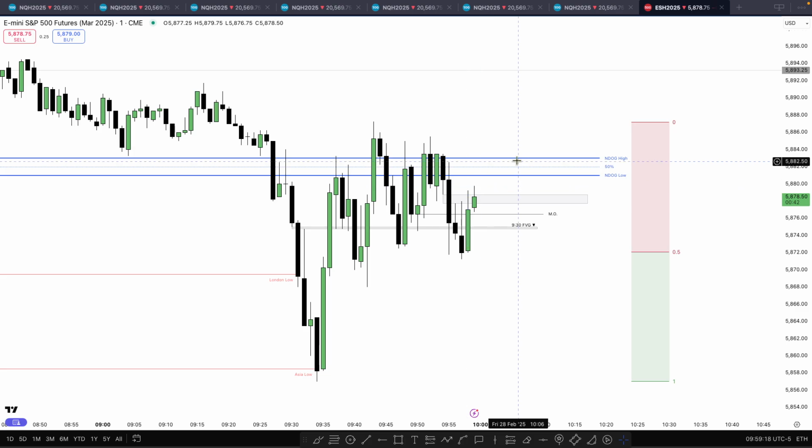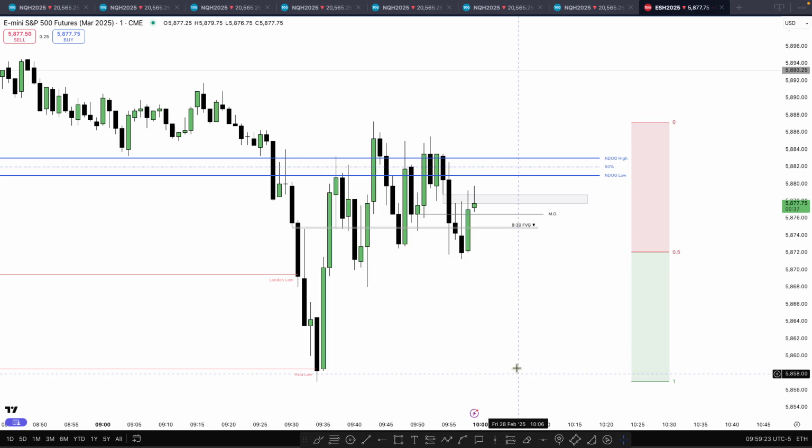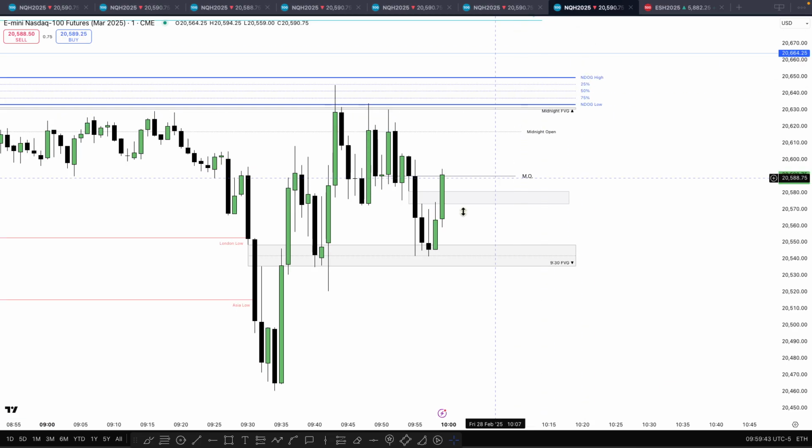It should plot this as the opening range high and opening range low if I have it toggled on. ES just taking off. There is a little volume imbalance right here.